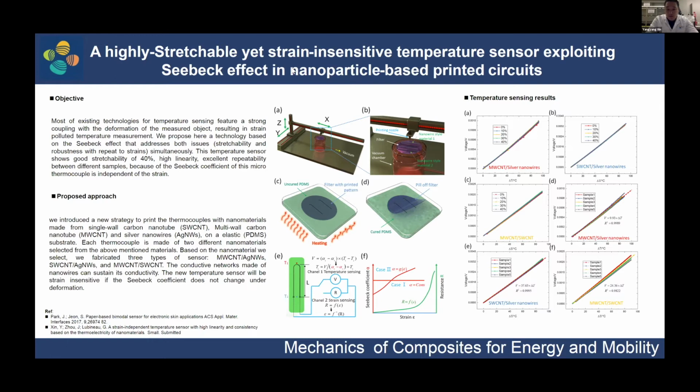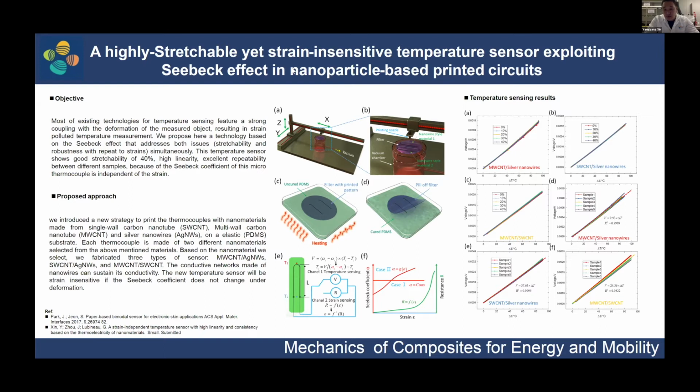So I think this temperature sensor is good for solving the strain-induced problem.